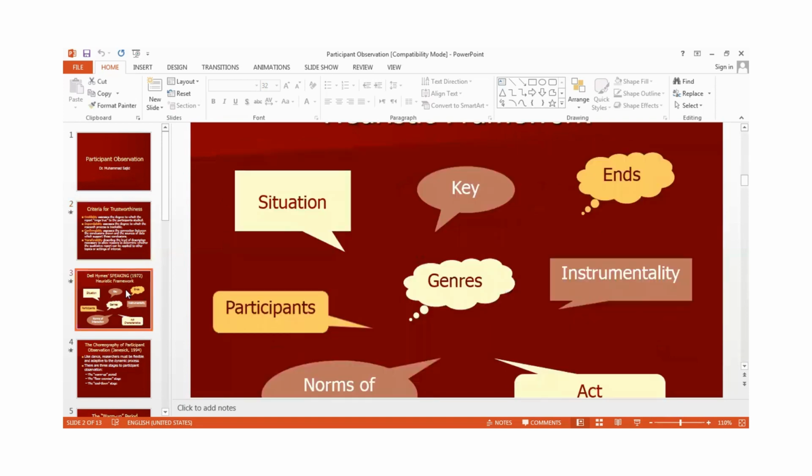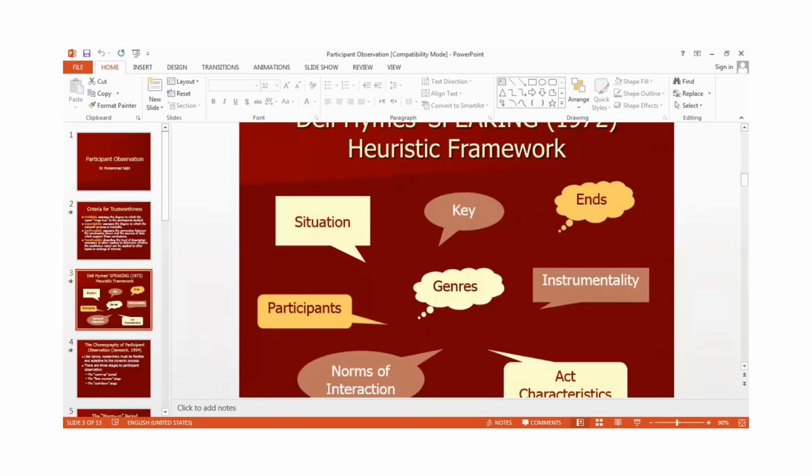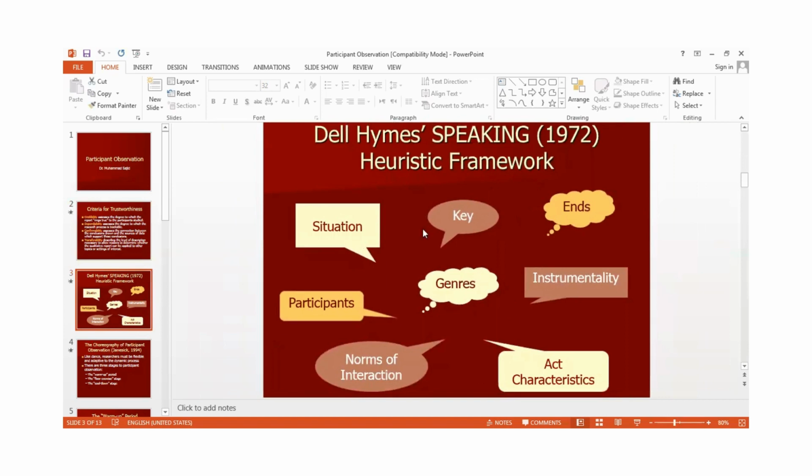The next is Dalham's heuristic framework, speaking in 1972, in which the situation and the participants' norms of interaction are generally the key.